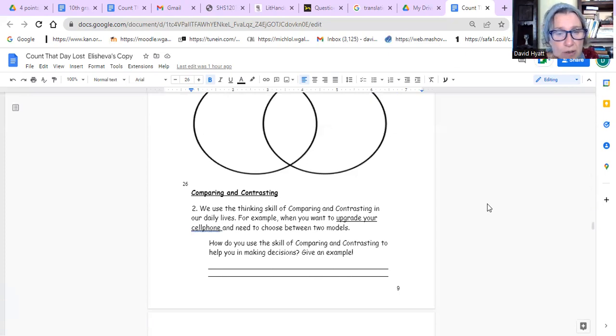Now here they tell you what's the use of it. We use the thinking skill of comparing and contrasting in our daily lives. So that means something that you need every day, not just for school or for exams or tests. And they give an example, which is for me just incredible and unbearable, but you can use it yourself. They say here, when you want to upgrade your cell phone and need to choose between two models.